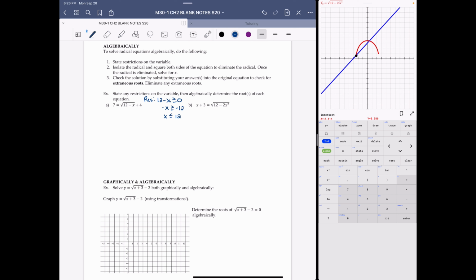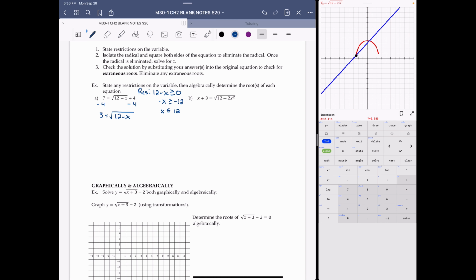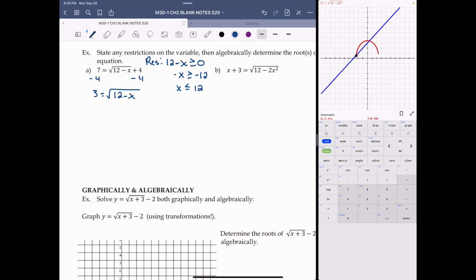Okay, now we can start manipulating the equation. We want to isolate the radical, so I'm going to subtract 4 from both sides. And then I would get 7 minus 4 is 3 equals the square root of 12 minus x. Just going to make this bigger here. Now that we've isolated the radical, we want to square both sides because the opposite of square rooting is squaring.